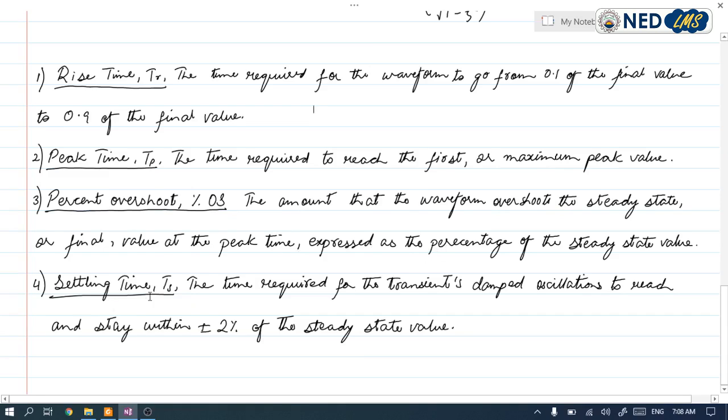And lastly, the settling time, denoted by TS, is the time required for the transient damped oscillations to reach and stay within plus minus 2% of the steady state value.